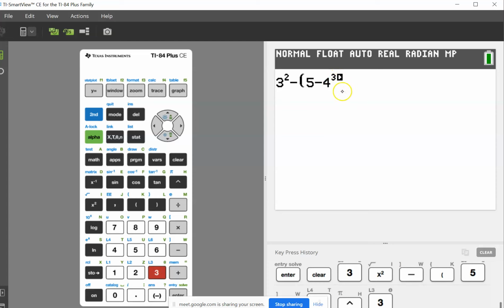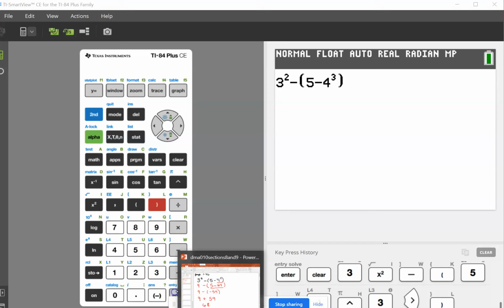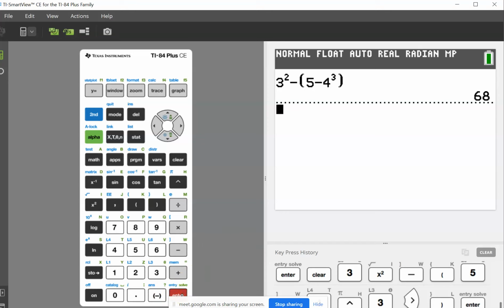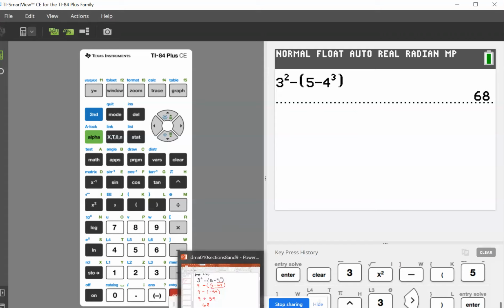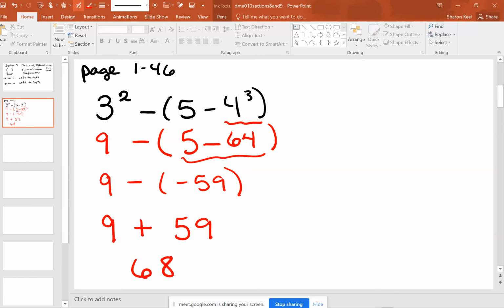I need to make it come back down. That's a blinking arrow. So you touch the right arrow key, now it came back down, and I can close my parenthesis. This is now identical to the written problem, and when you press enter, we get the solution of 68, which is what we came up with.